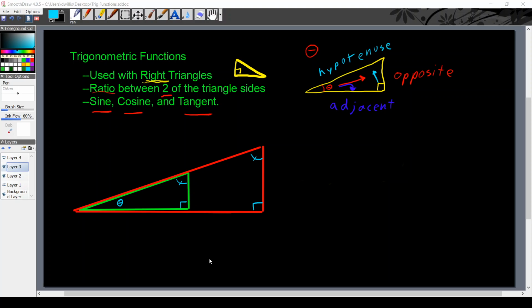Here's what I want you to see. Let's say that this green triangle had a side with a length of 6, and that this side had a length of 2.